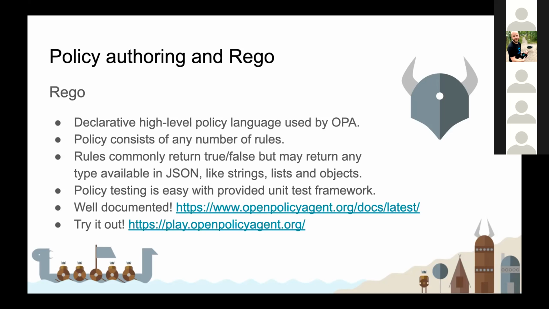Rules normally say yes or no, true or false, but can really return anything. So you can return a complex JSON object or a string, or maybe you want to add a reason why somebody is denied because they are not an admin, for example. So you want to tell the user why their request was denied, so they can do something about it.